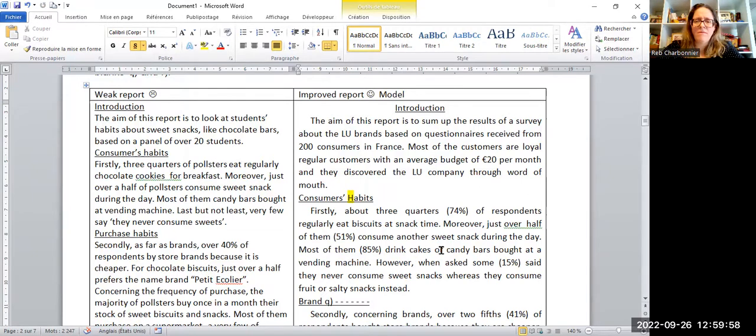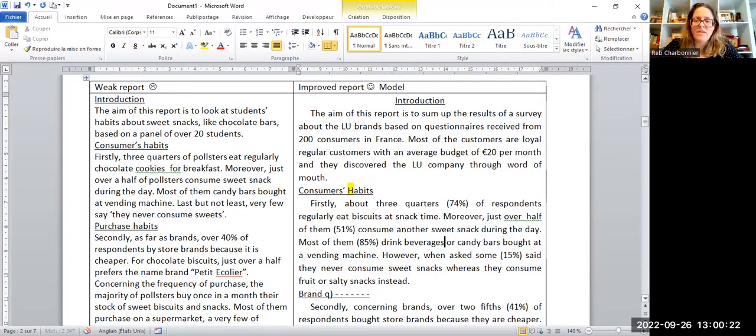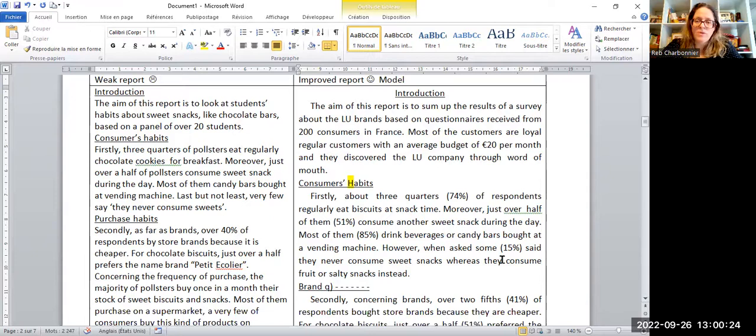Is there an error there? Yes, there is. Drink, you know, warm drinks or beverages we use. So yes, you can drink drinks, but that's repetitive. So we're going to use the word beverages, or candy bars bought at a vending machine. So, you know, use the past tense, but that's still not reported speech. Now here it starts.